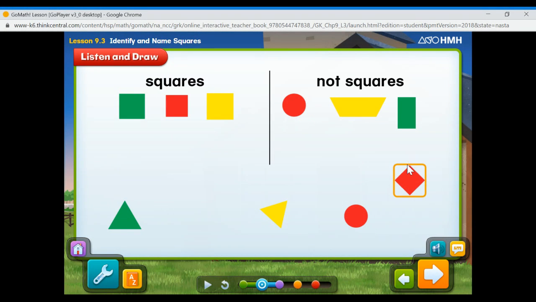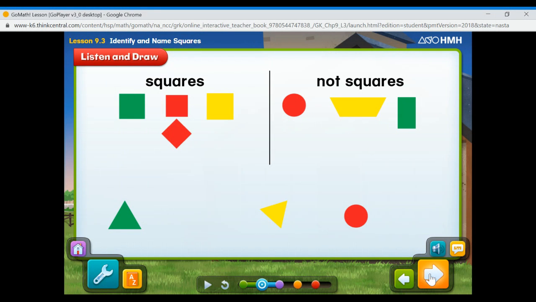As long as it has 1, 2, 3, 4 equal sides and 4 corners, it's still a square. So we are going to put it in the squares column, even though it is tilted a different way than the other squares. Perfect.